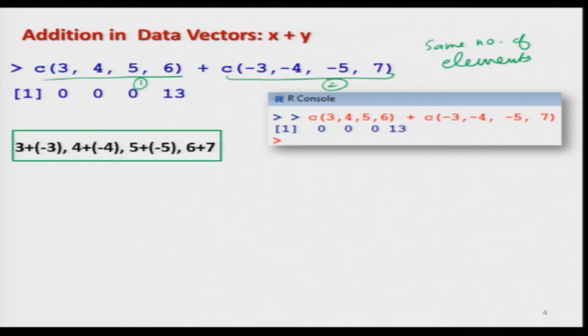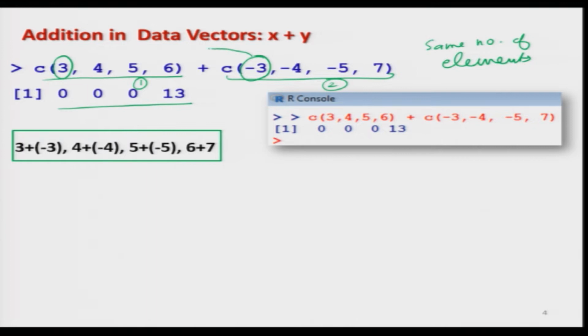But here, if you try to see what is happening, your outcome is coming out to be 0, 0, 0 and 13. What is R trying to do? The simple rule is R is doing the addition element wise. Element wise means 3 is the first element of data vector 1 and -3 is the first element of data vector 2.